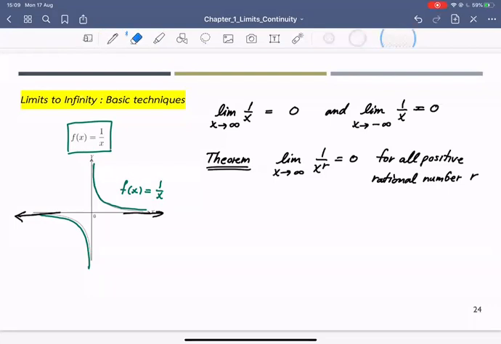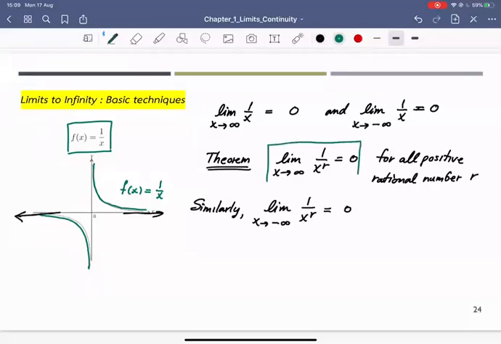Does it make sense? We also know that the limit of 1 over x to the r, where x goes to negative infinity, equals 0 as well, similarly. When you compute limits where x goes to infinity or minus infinity, you're going to use this a lot, the box in green here.